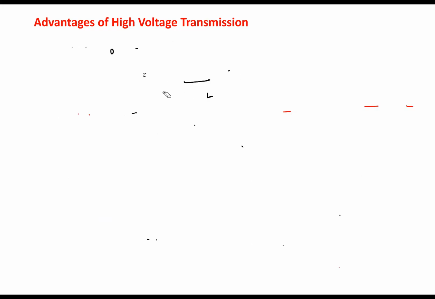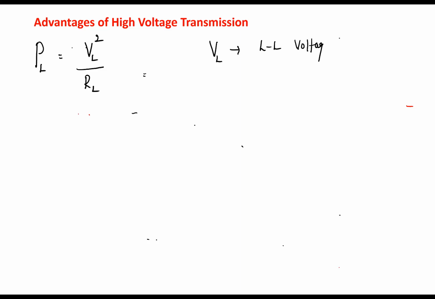Now, what is the active power received at the receiving end, the active power absorbed by the load? We have derived VL square divided by RL, where VL is the line to line voltage across the load and RL is the load resistance.